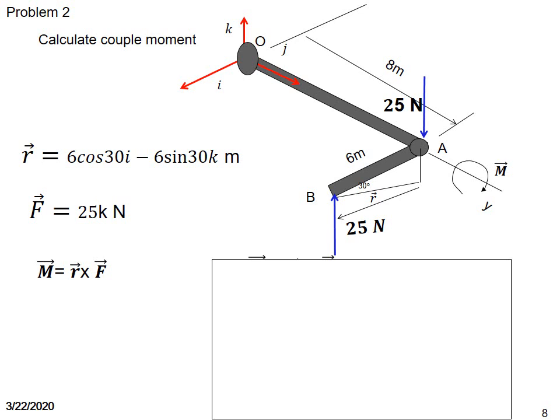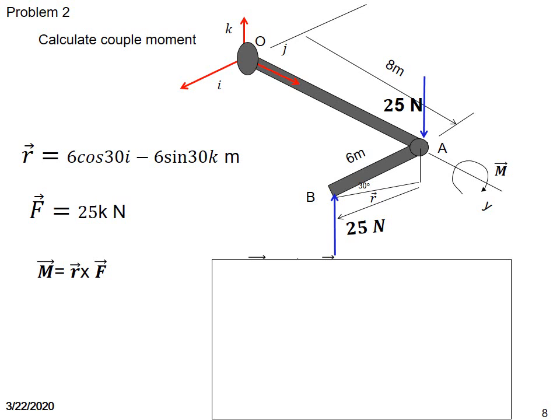Given that it is 6 meters along AB, we need to resolve the 6 meters into I and K directions. When we do that, we get 6 cos 30 in the I direction, and 6 sin 30 in the minus K direction.